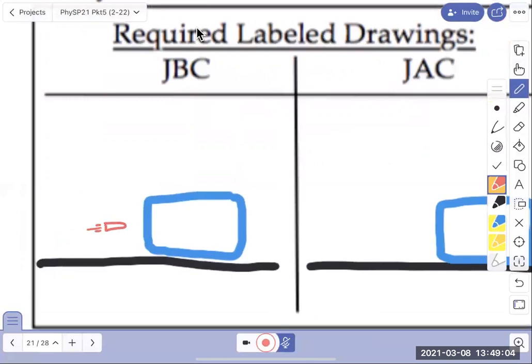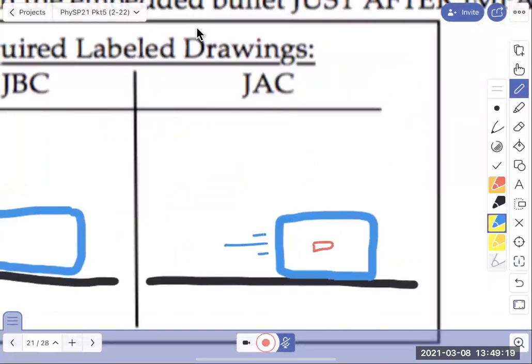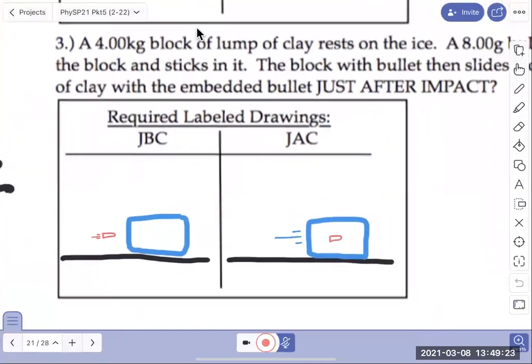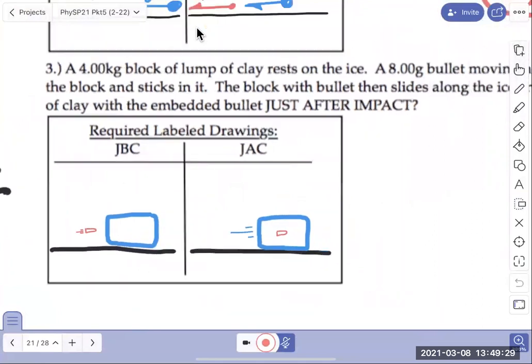So the block doesn't have any of those 3 lines, so the block's not moving, the bullet's moving. And that's just before collision. Just after collision, the bullet embeds itself inside the block, and now the block itself, the combo, moves. Okay, so that's sort of the scenario. Sometimes the block is moving towards the bullet when it happens. You can handle all these.